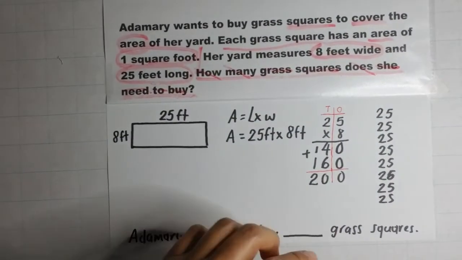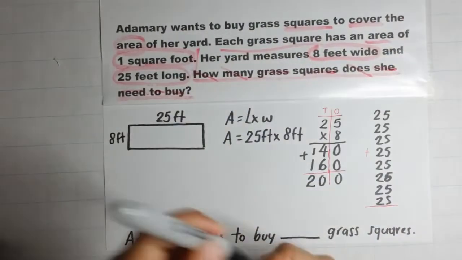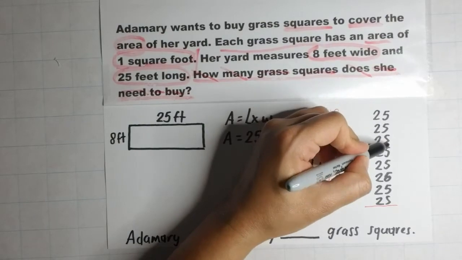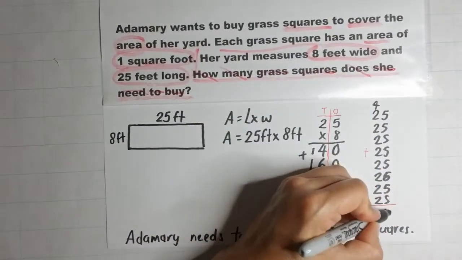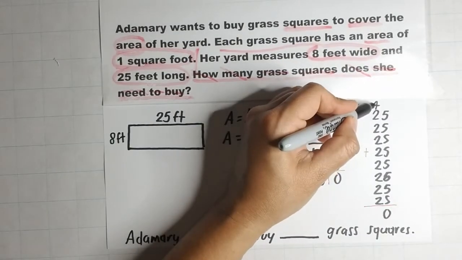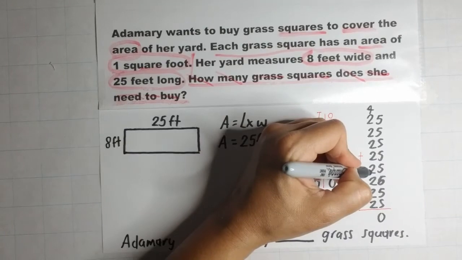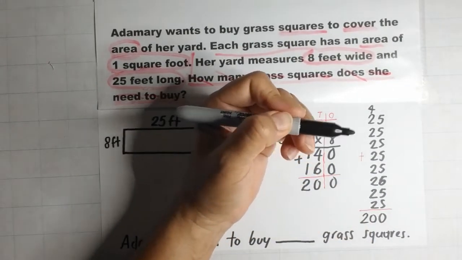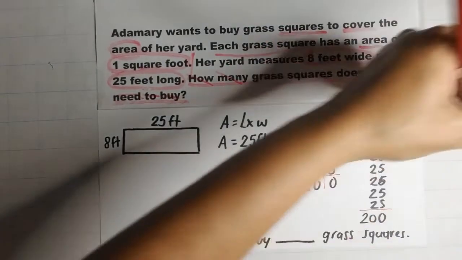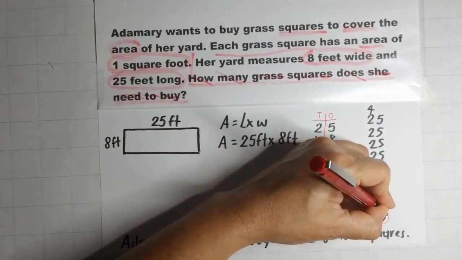So when I add these numbers, disregard my little mistake. So I'm going to count by 5. 5, 10, 15, 20, 25, 30, 35, and 40. I regroup 40. And then I start counting by 2s. 4, 6, 8, 10, 12, 14, 16, 18, and 20. If you notice, my answer is exactly the same. So this is a way for me to check that what I did is right.